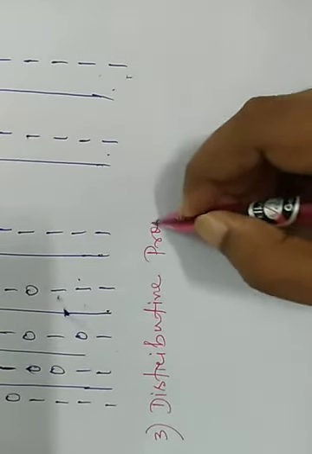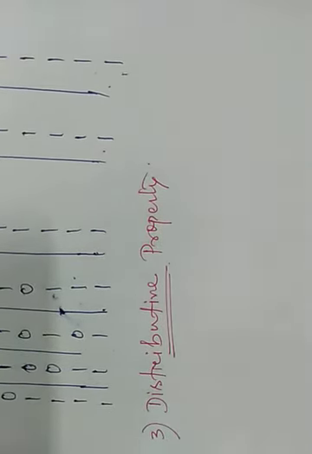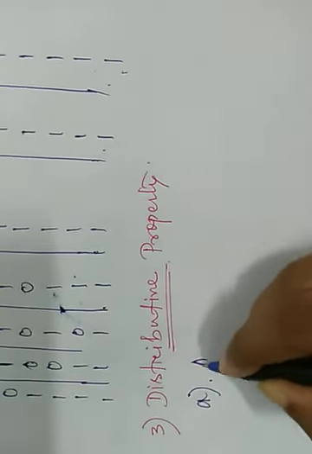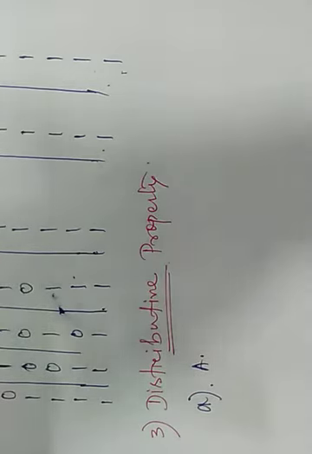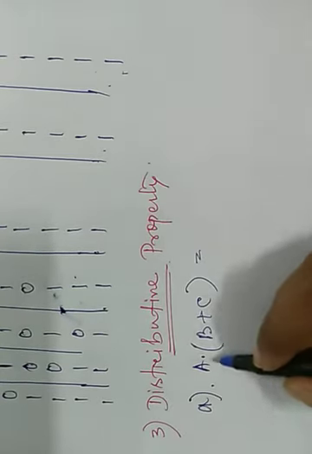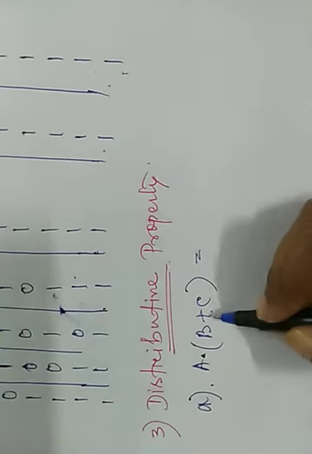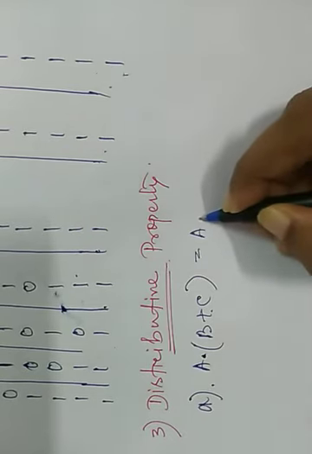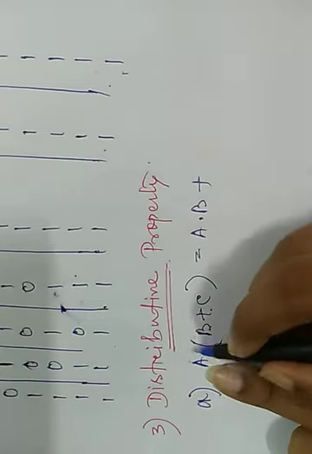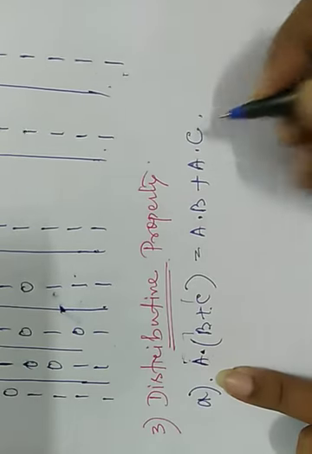Distributive property. Our distributive property is A dot (B plus C). Mind it, one is the dot operation, one is the OR operation. We can break it like A dot B, that means A AND B, plus A dot C, one with this and another with this, with plus in the middle.